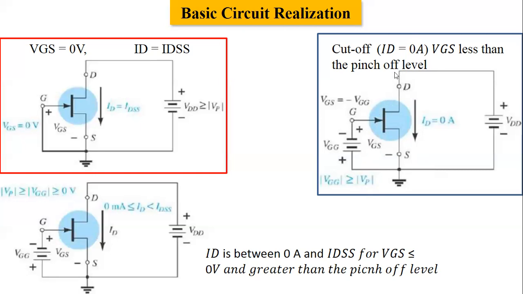Because of that, the current becomes very small or nearly equal to 0, so ID is equal to 0. These are the three operations: saturation, cutoff, and linear region.